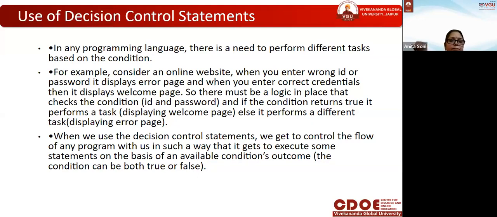You have given them the permission to access your website. So you would ask them for their login ID and password. Once their ID and password are verified, then you would allow them to access or visit your website.